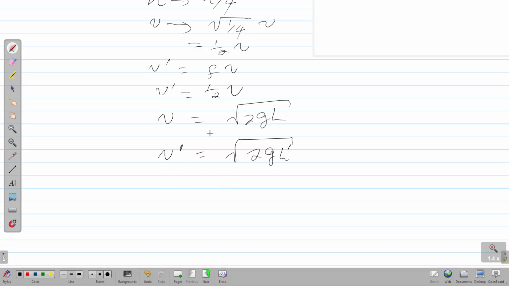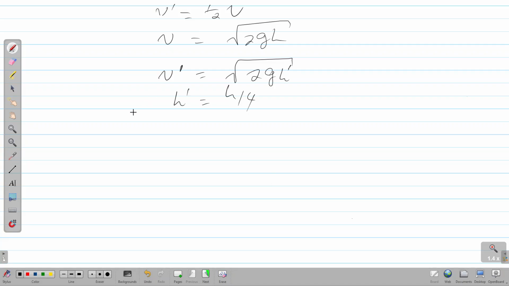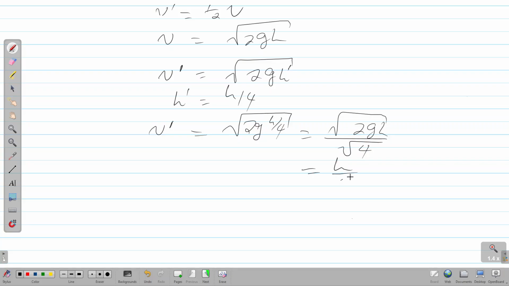So then if you have your h prime as h over 4, when you substitute for h prime there, you'll get 2g, and you have h over 4 here. So then that's equal to the square root of 2gh over the square root of 4.